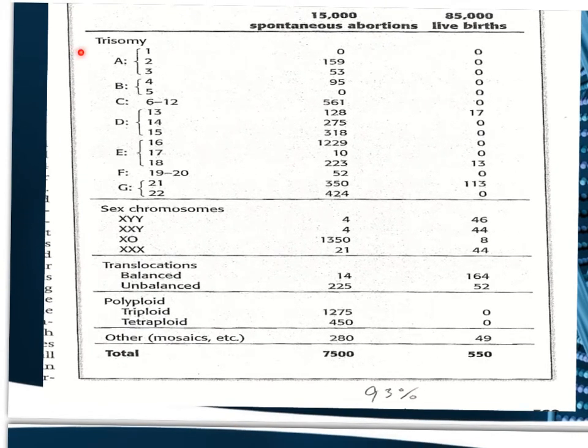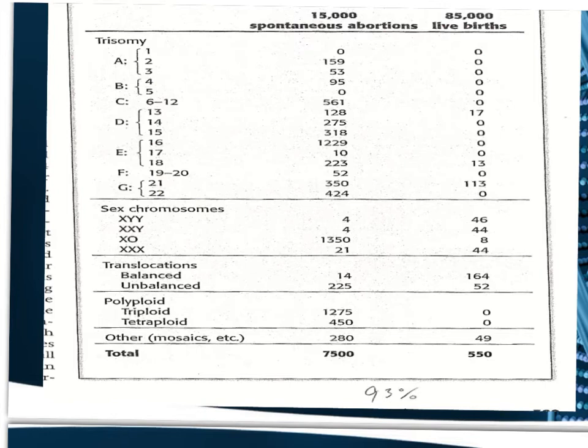Now, you see trisomy, these all represent chromosome number, and if you remember from a couple slides ago, your first chromosome is your largest chromosome. Well, if you take a look at this, there were 85,000 live births. How many of those were living? Well, you have 0. And you have 0 for 2 and 0 for 3, all the way from 6 through 12. Again, 6 through 12 right here.